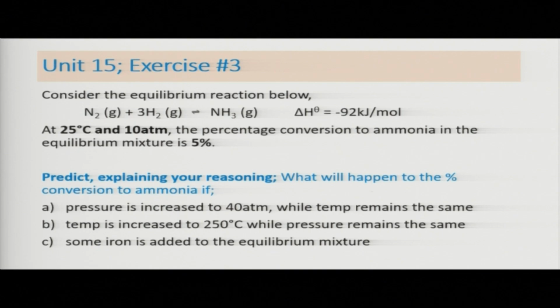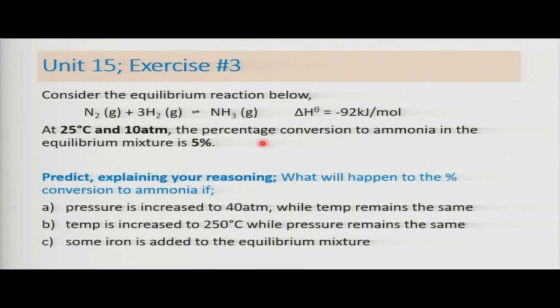So, as usual, I always leave you with an exercise to check your understanding. And as I told you from the start, it is much more on the production or the formation of ammonia. So we have this question. We have temperature and pressure, and the percentage of ammonia at equilibrium.